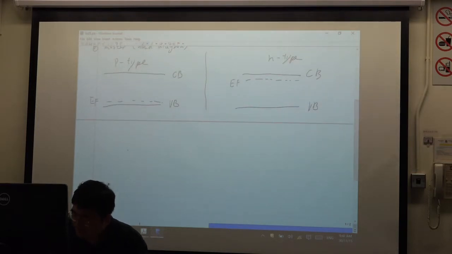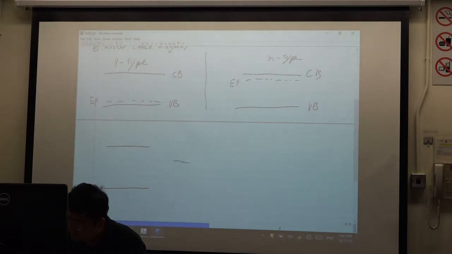When you touch them, see what happened. Because they have different Fermi levels, some will go up, but some will go down. I just draw this. Let's go down.